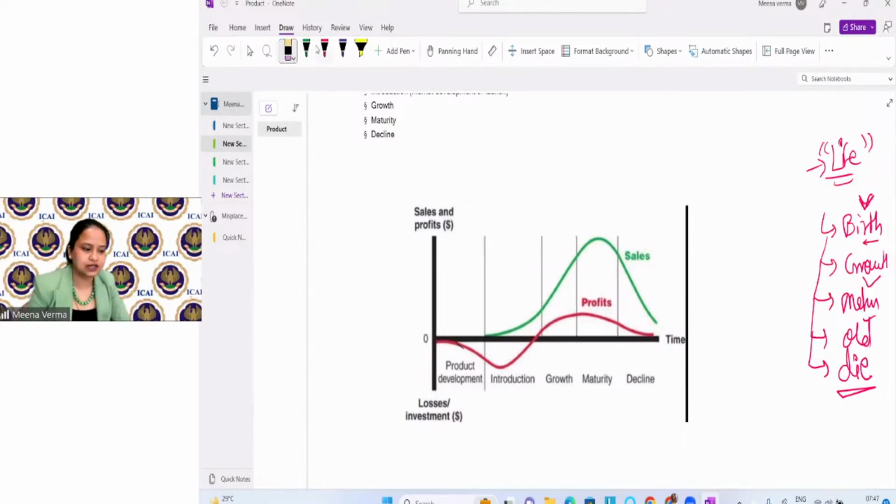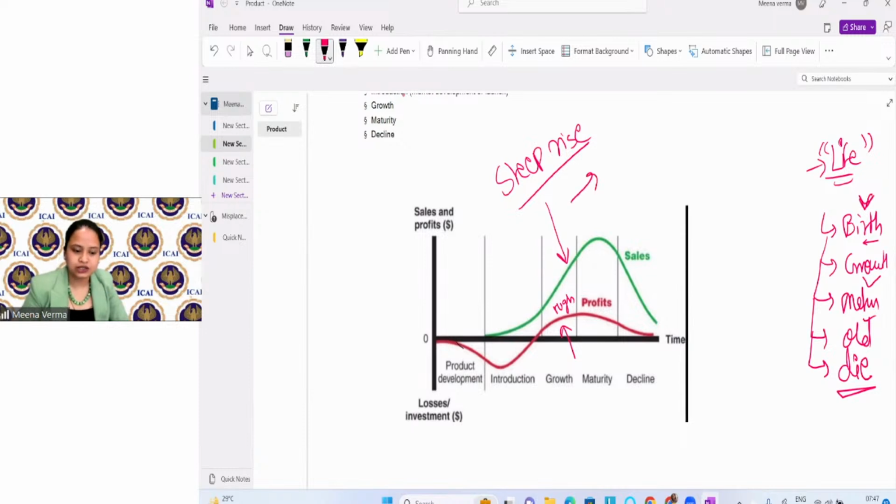So if you see here, there is a steep rise in sale, and the profit is the highest profit in the growth stage.